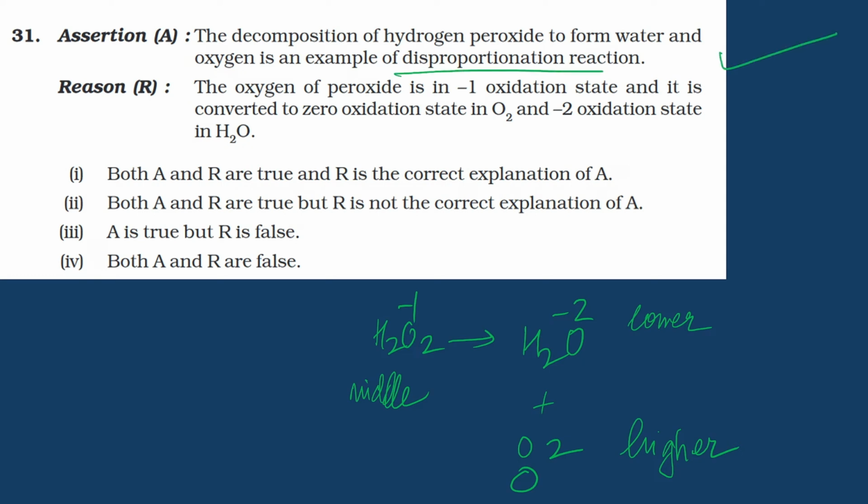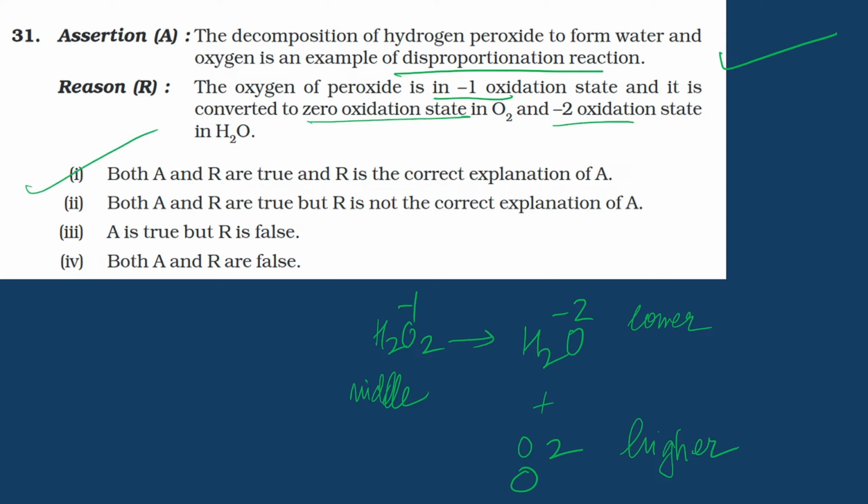Great. I swear, I'm not cheating you guys on this. I didn't read the second statement, but it happens to be what we're looking for. Peroxide में -1 है and converts to 0 in O2. Oh, great. Awesome. It's so nice to get both correct and the correct explanation as well.